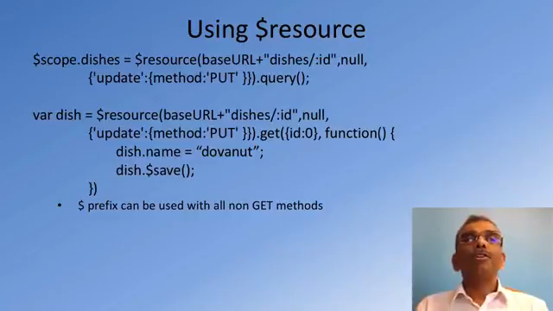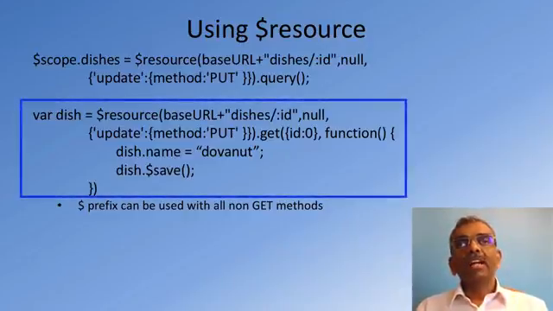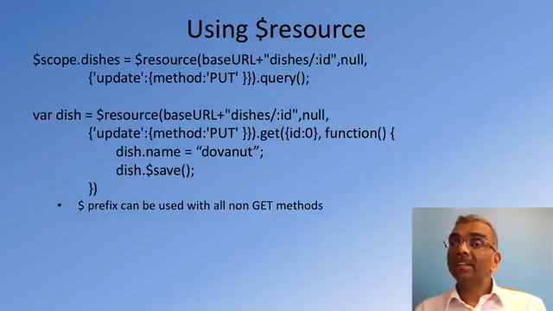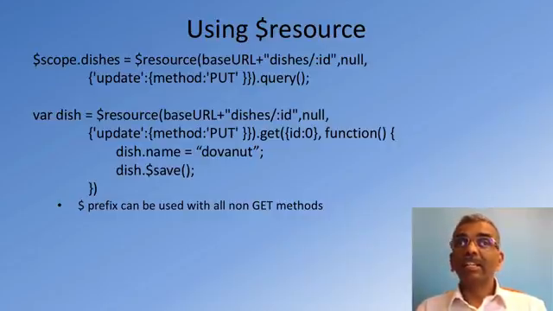Now, if you need to perform other operations, say for example in the second method I do a get operation, so I can specify get with id equal to 0, and then inside there I can specify a function. In there I can use a dollar prefix with any of the methods that I talked about, because a call to the resource will return an object of the resource class.